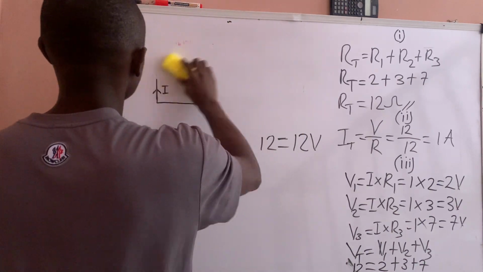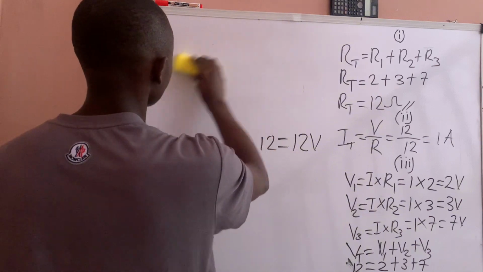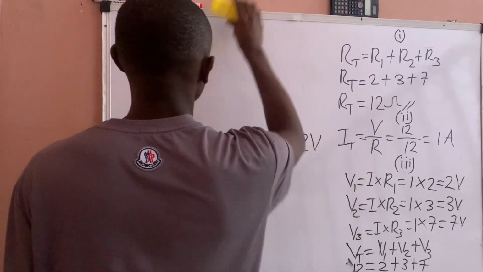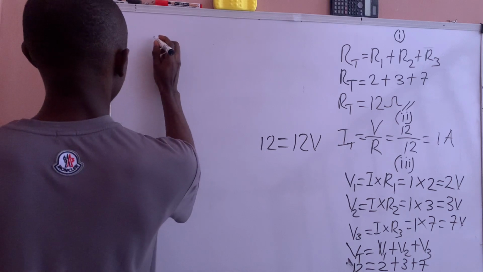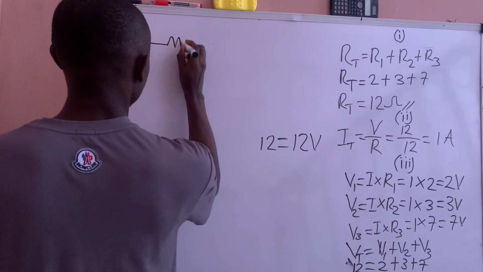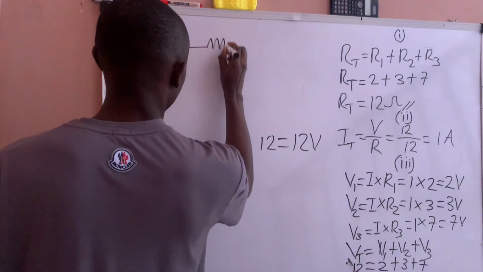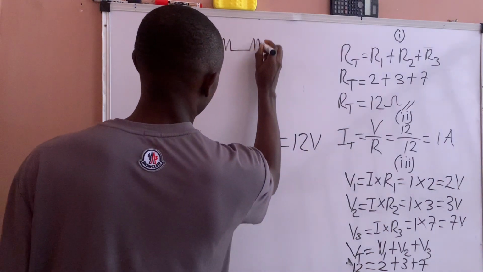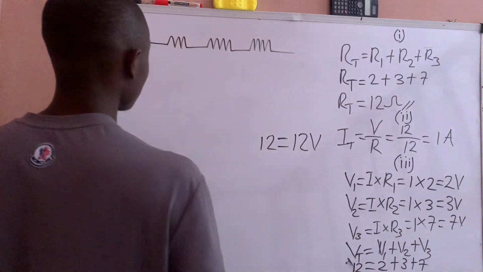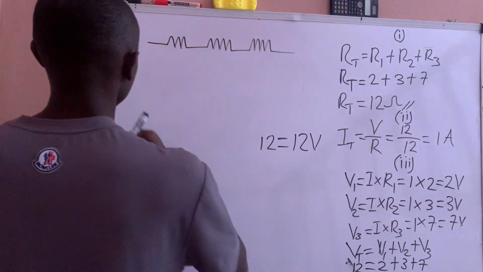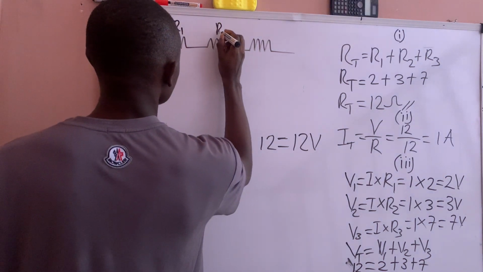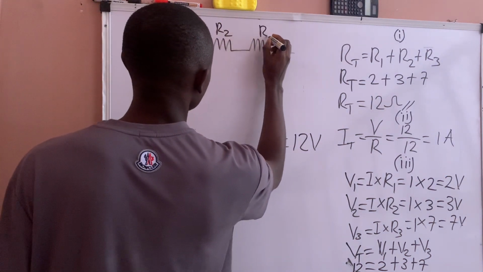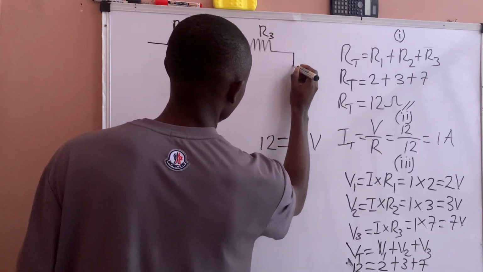Let's solve this other example. Let's say we have a resistor like this, and here is R1, here is R2, and here is R3. Okay, let's complete the circuit.